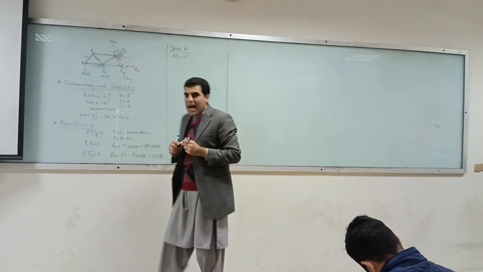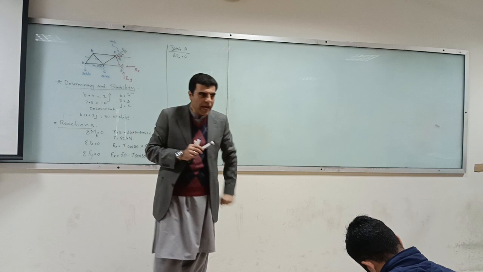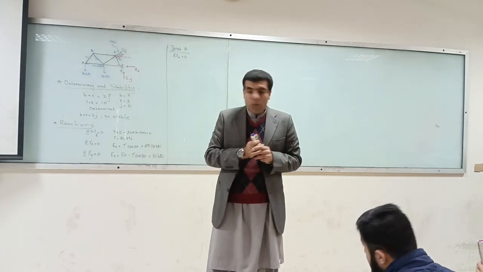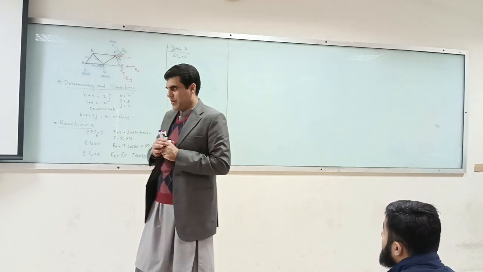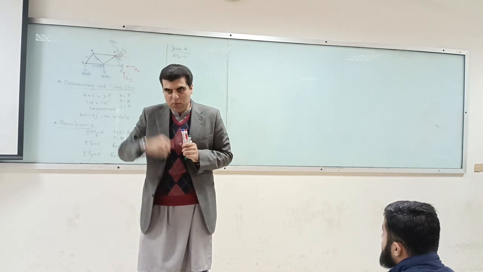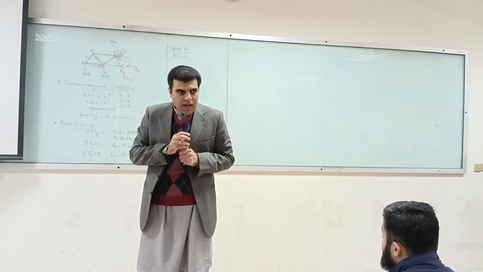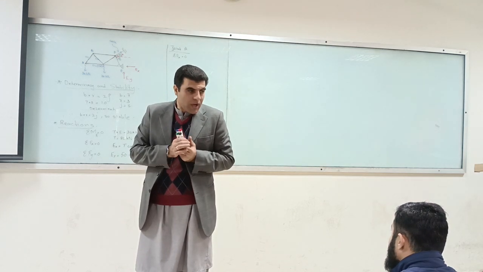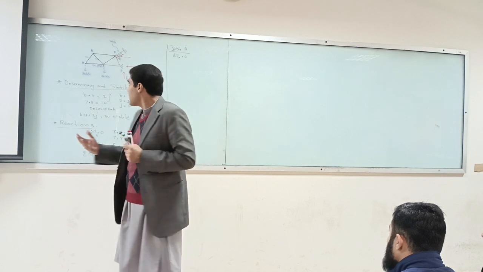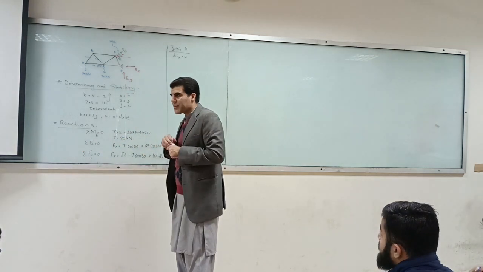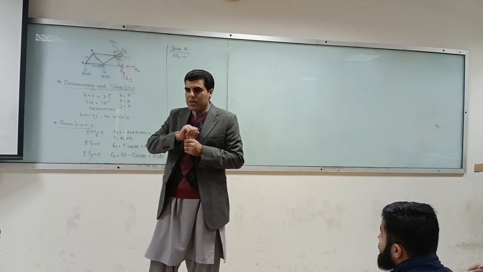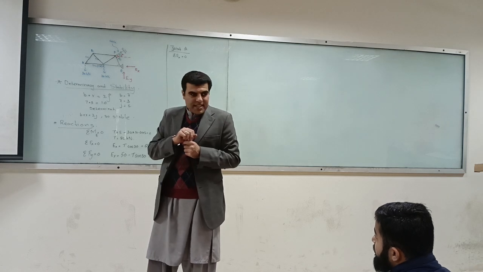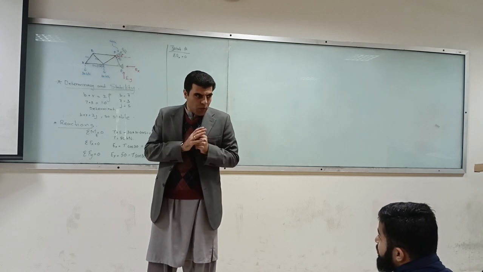Now the question comes, which one should I use first? Which will reduce my labor work? Should summation of Fx be used first, or should summation of Fy be used first?